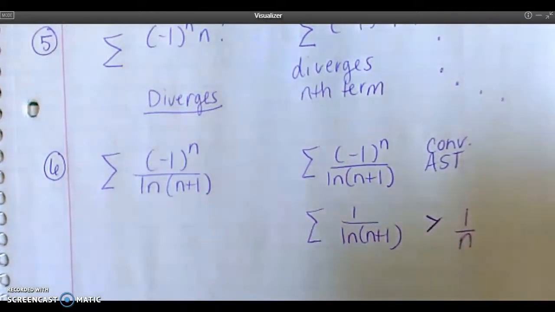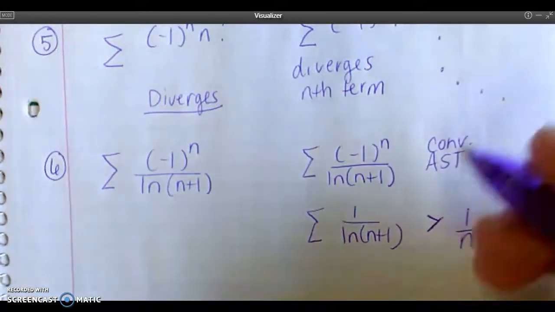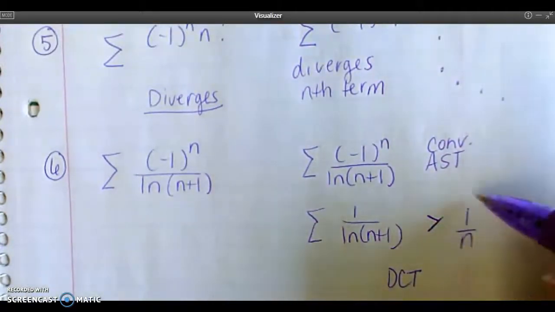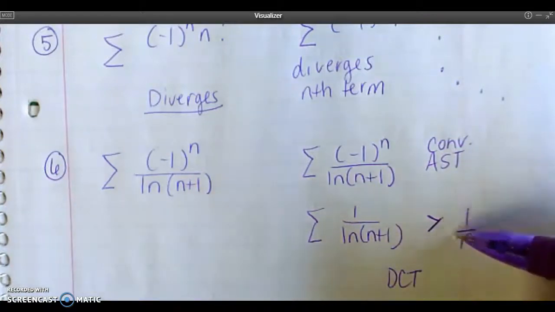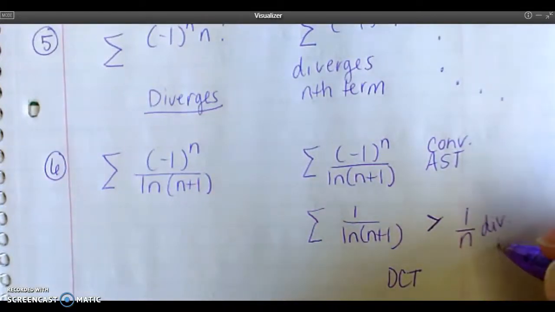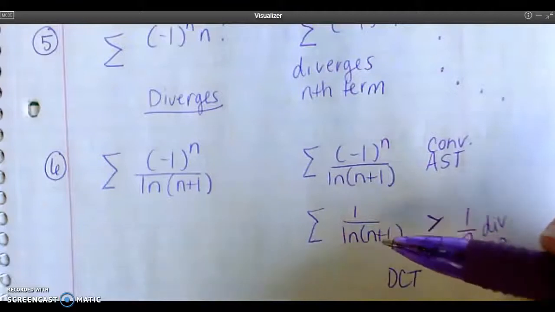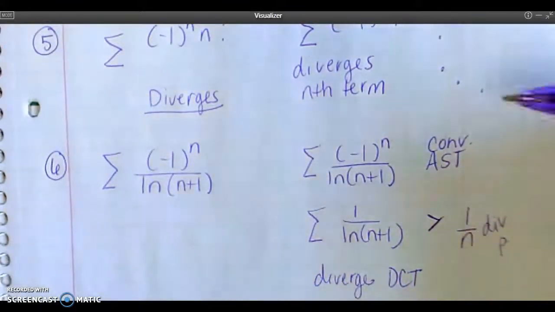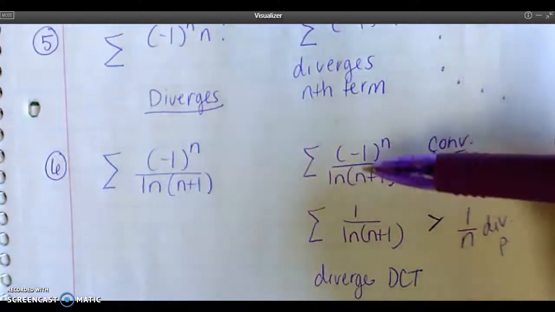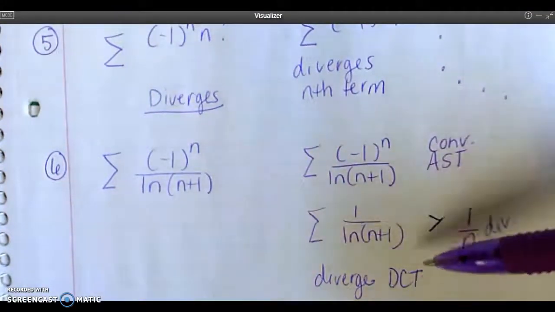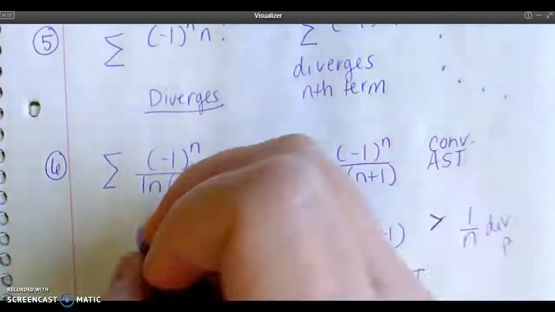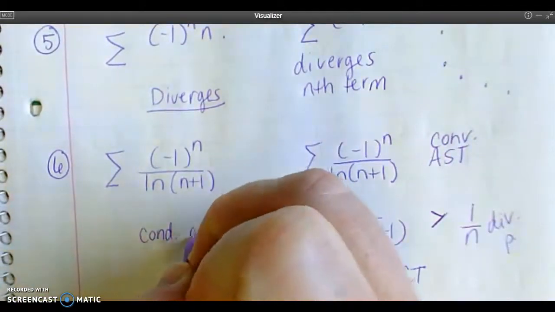Using the direct comparison test, this would be greater. Since 1 over n diverges by the p-series and this is greater, this will also diverge. So the alternating series converges, but the absolute value diverges. That means that this is conditionally convergent.